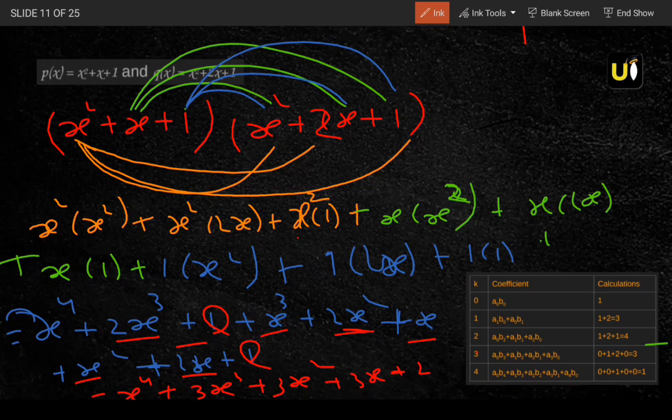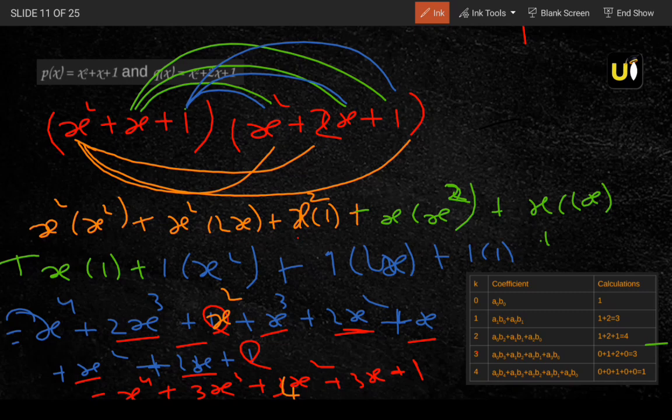That means we get 4x square. Here this is x square, not 1. Okay, this is the product of p of x into q of x.